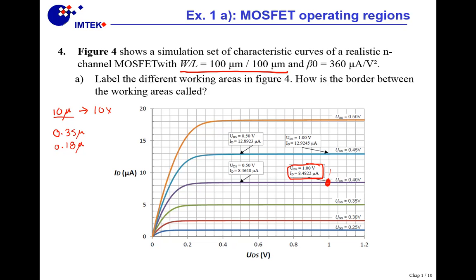And let's even go further to the Intel 22 nanometer process, okay? Now for these guys here, we're talking about a very big transistor. So 100 micrometers is a lot compared to 0.35, right? So that means that we're working with a very large transistor in this case.